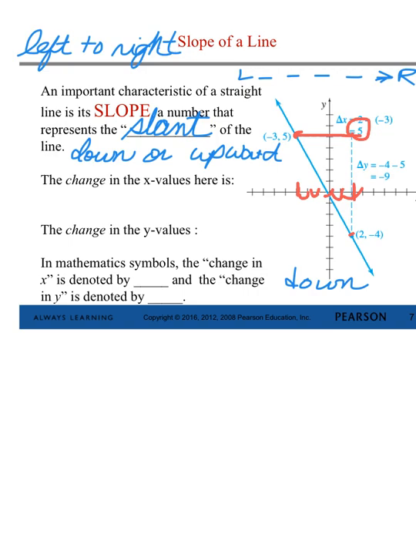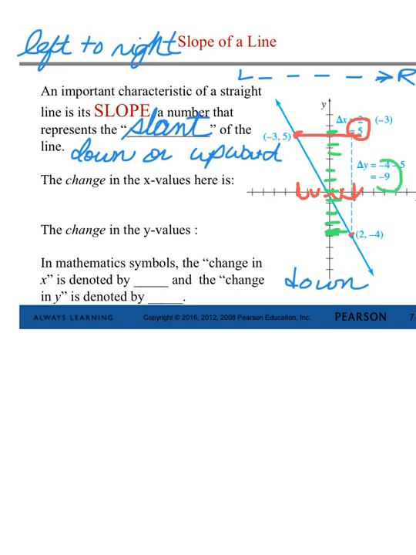And then similarly, for our y change, we're going from positive 5, which is here, down to negative 4. And that's a change of 1, 2, 3, 4, 5, 6, 7, 8, 9.